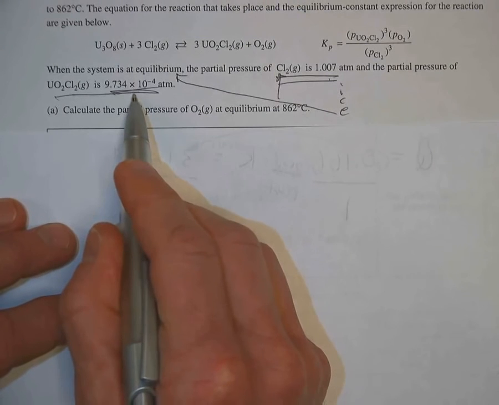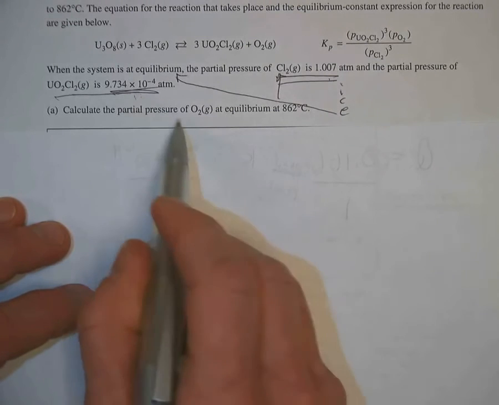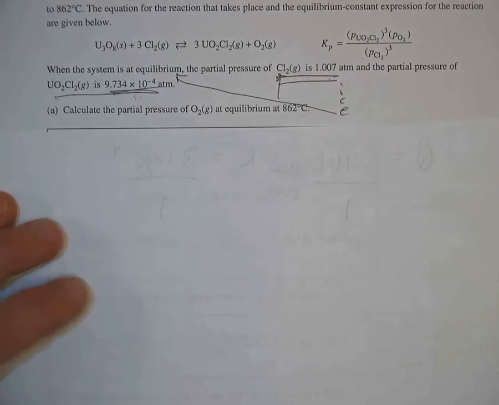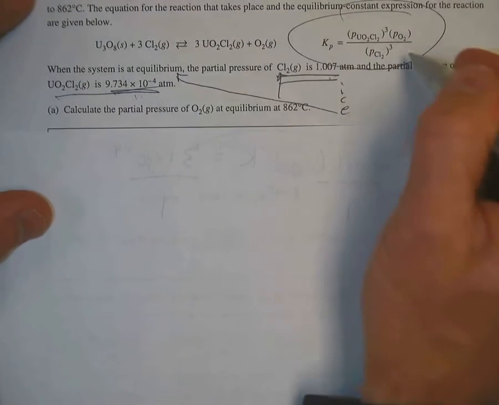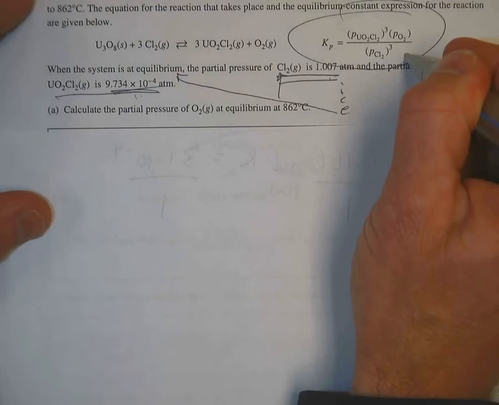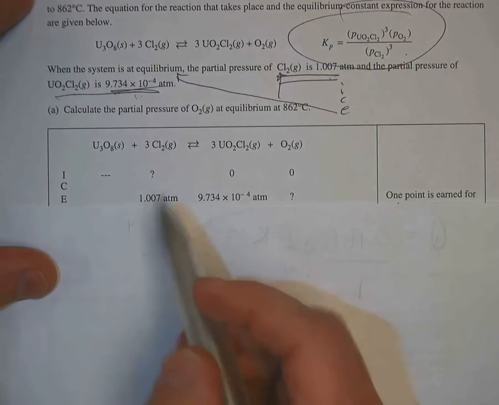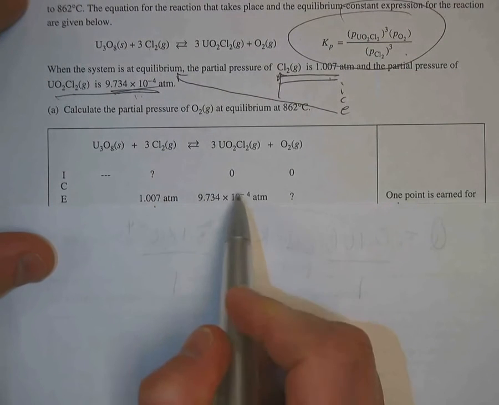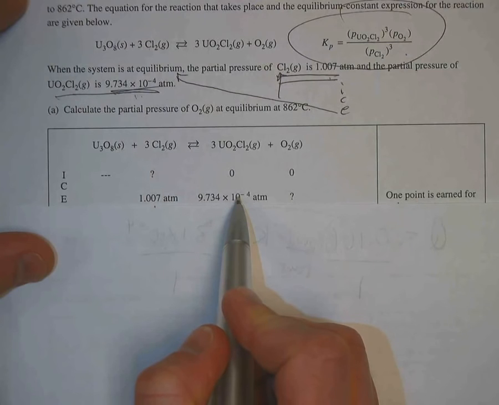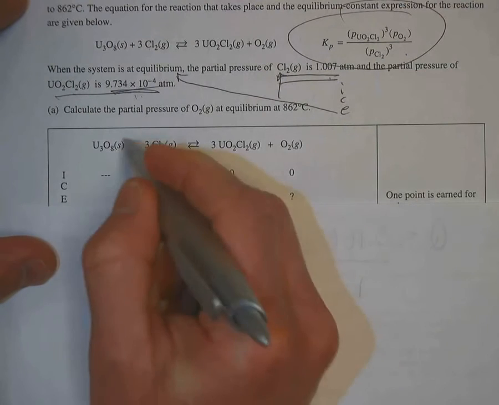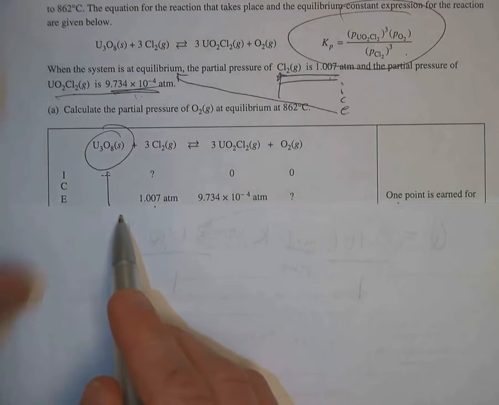So this is the ice table of that. So calculate the partial pressure of O2. And here's the Kp expression. So you can write an ice table, fill in the Cl2, fill in the UO2Cl2, and then this is a solid, so remember, don't put that in.